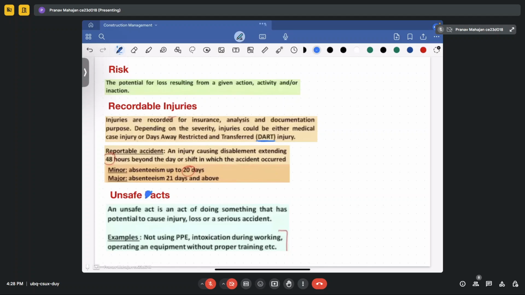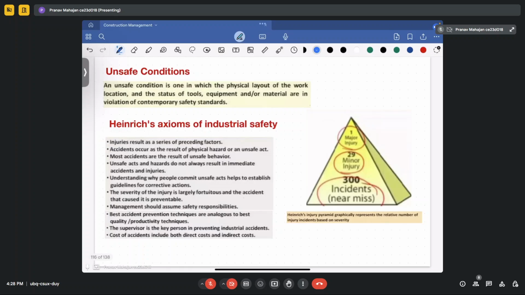Second, you are operating a particular piece of equipment but you do not have proper training for doing that. Third, you are not using the personal protective equipment provided to you to perform certain activities at the site. That also contributes to unsafe acts. Okay, so these are the few definitions that we have covered.